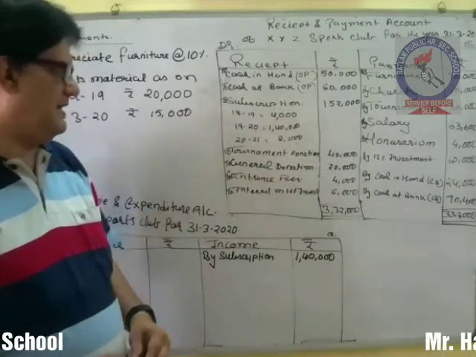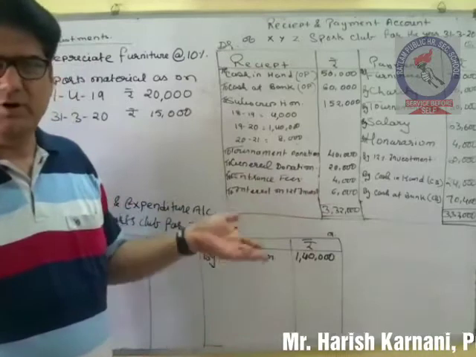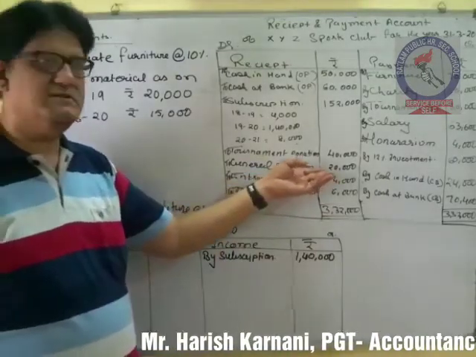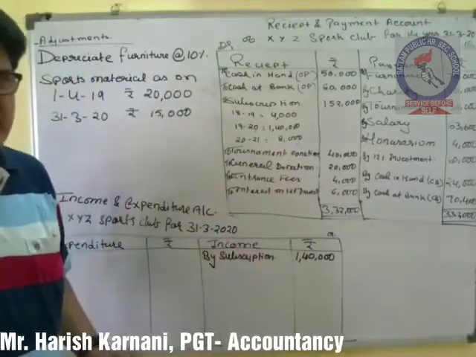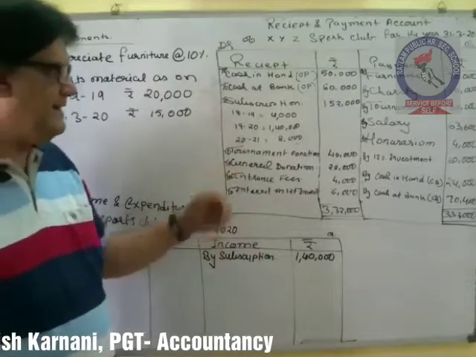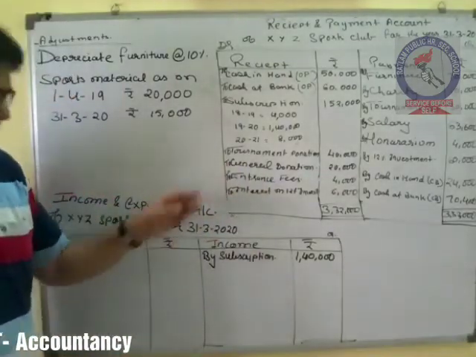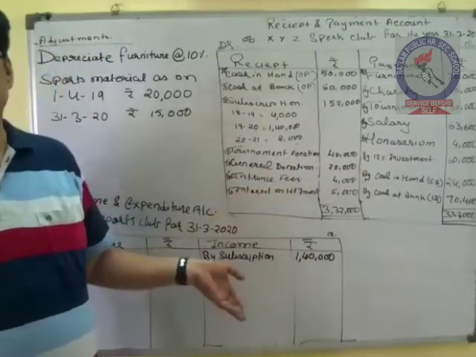Then comes general donation. General donation may or may not be recorded in income and expenditure account. If the donation amount is of a small nature, then it can be recorded in income and expenditure account. Unless there is a specific criteria given to us, we can record this amount either in the balance sheet or in the income and expenditure account.